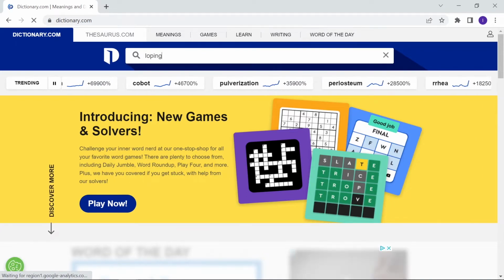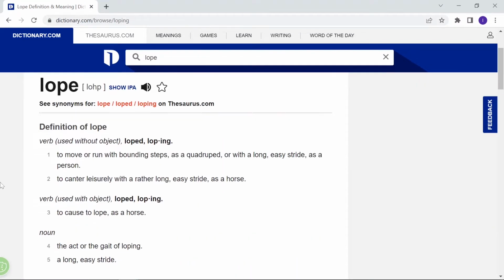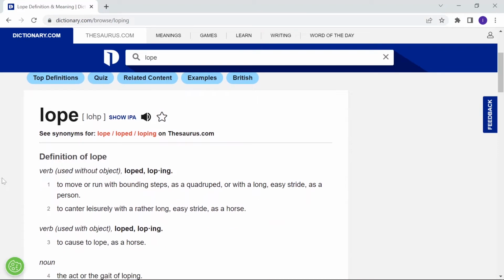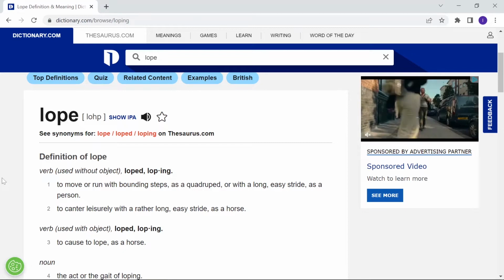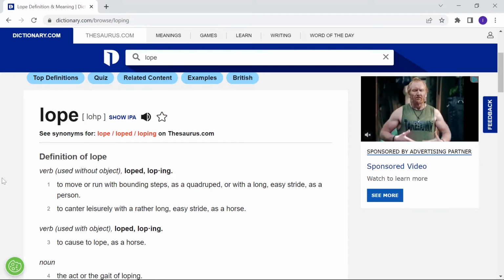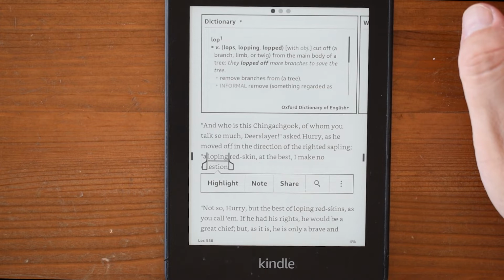So I'll type loping in it, and I do get the word lope, which as a verb means to move or run with bounding steps as a quadruped, or with a long easy stride as a person. So probably it's this definition, and the definition we have in the Kindle dictionary doesn't apply here. So this would be a case of not identifying the word correctly.